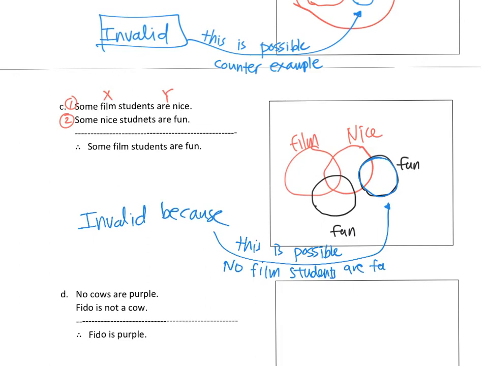So that's my counterexample. It still satisfies condition 1 and condition 2, but the conclusion is false. The conclusion says some film students are fun, but here I came up with a case where no film students are fun. All right, I'm gonna have you try the next 3 examples, and then we'll meet back after that.